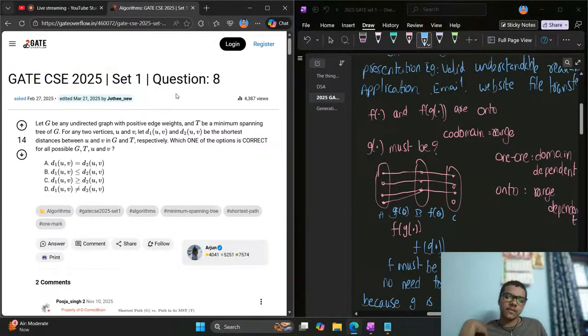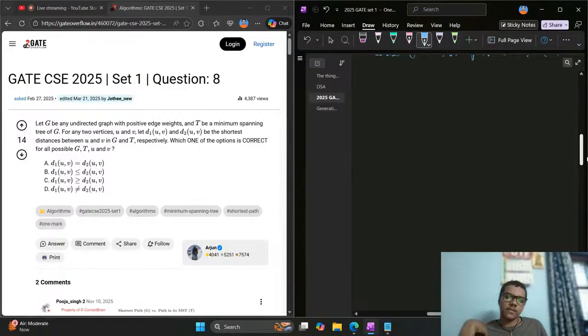Let G be an undirected graph with positive edge weights, and T is a minimum spanning tree of G. For any two vertices U and V, d of U to V is the shortest distance between U and V in G and T respectively.